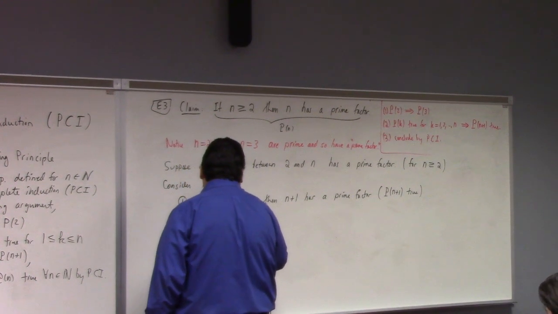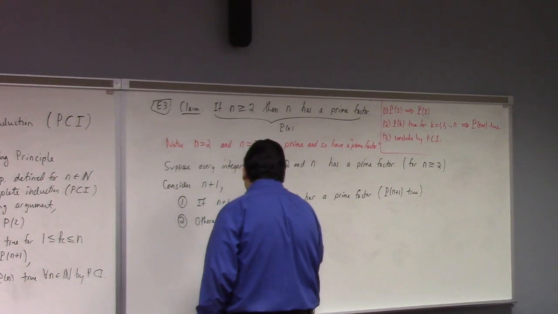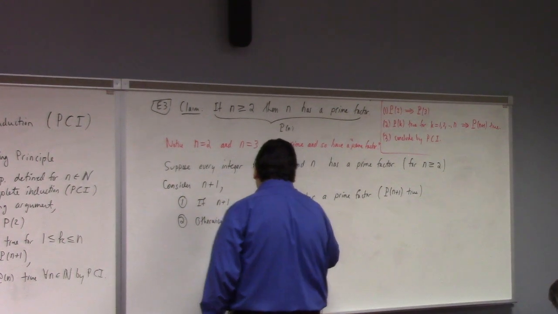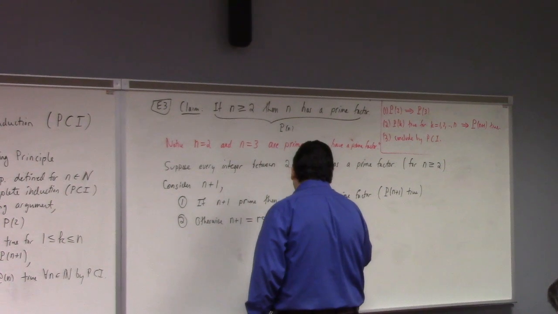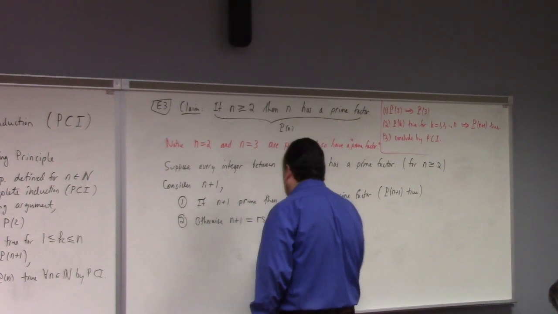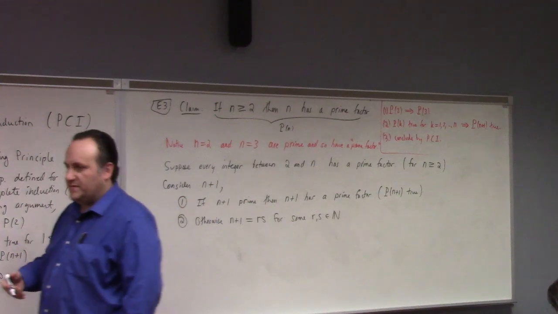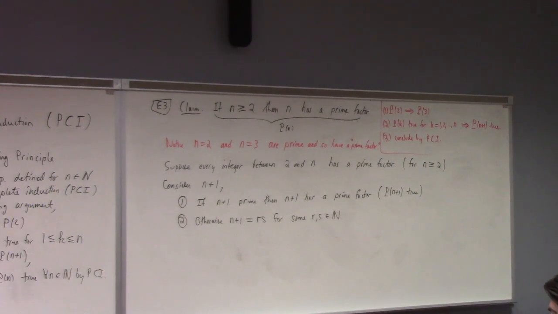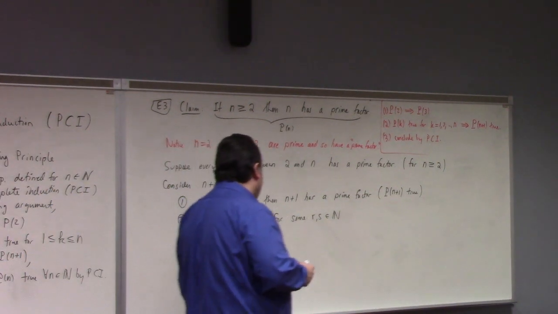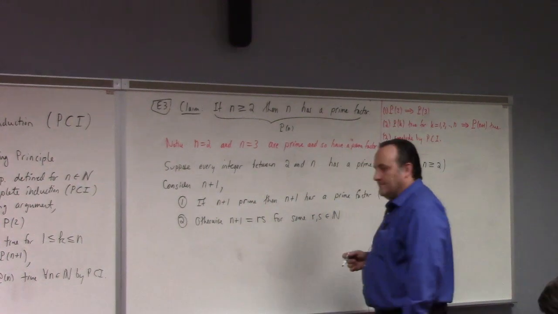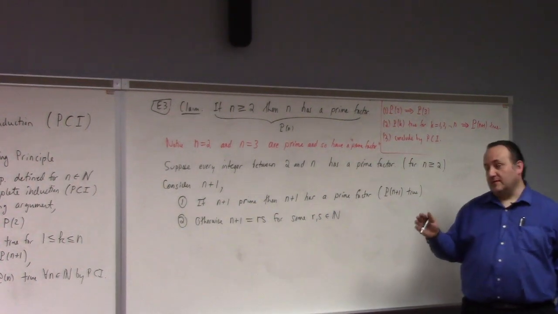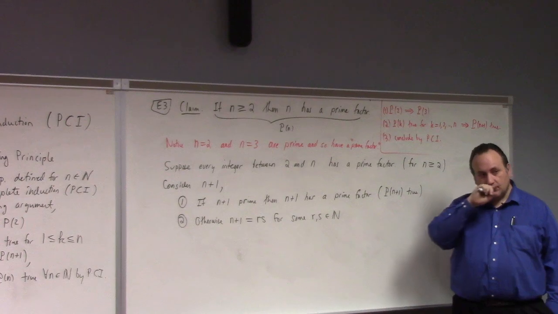Otherwise, n plus 1 is equal to r times s for some r and s in the natural numbers. Either n plus 1 is prime or it's composite. To be composite means that it's a product of integers. In this context, we can easily see that they must be positive integers, right? So what does this mean? What can you tell me about r and s here?